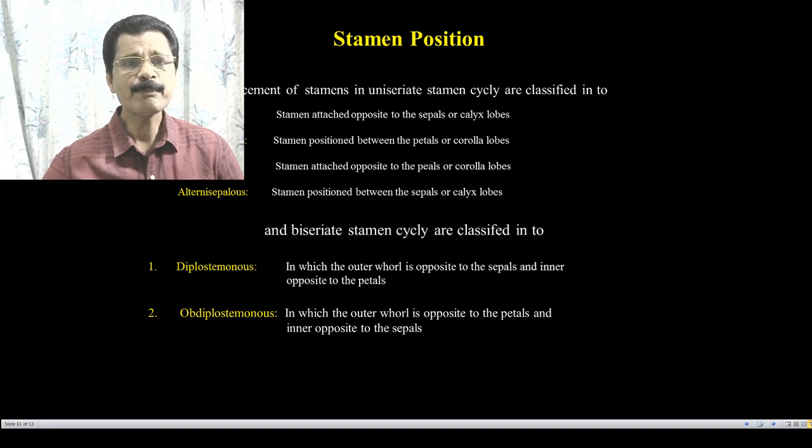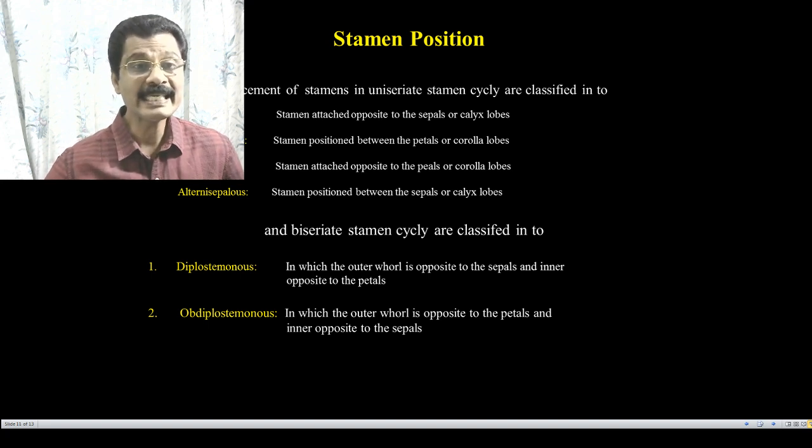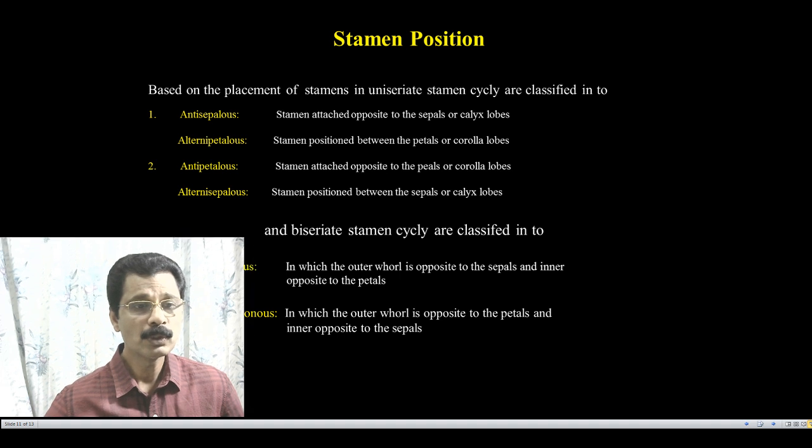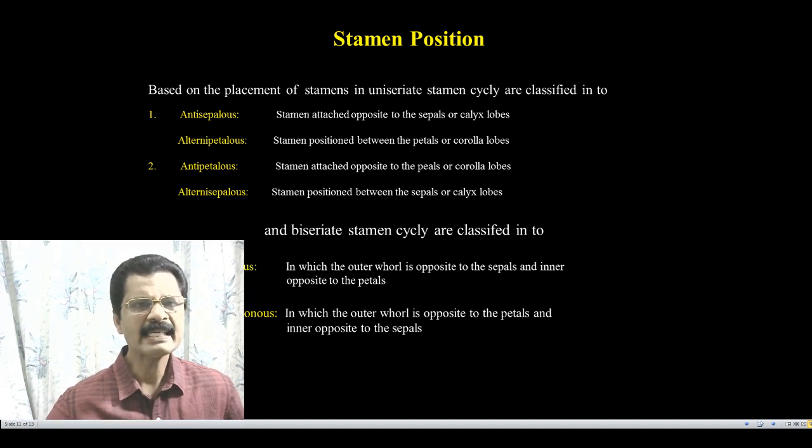Based on the placement of stamens, the uniseriate stamen cycle is classified into antisepalous. Antisepalous means stamens attached opposite to the sepals or calyx lobes. This is otherwise called alternipetalous, stamens positioned between the petals or corolla lobes.